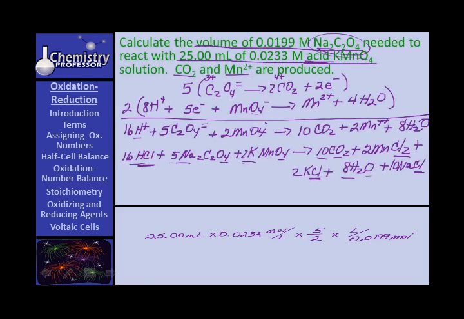Now let's cancel units. Moles and moles cancel, liters and liters cancel, and we should come out in milliliters. And I get for an answer to this 73.18 milliliters. It's a really good problem.